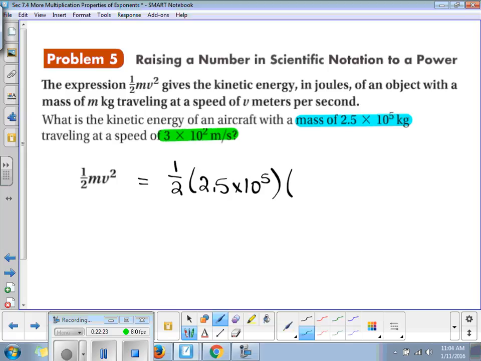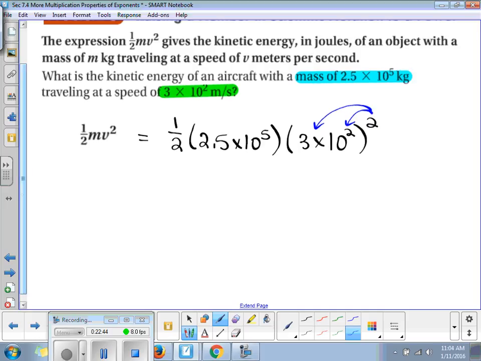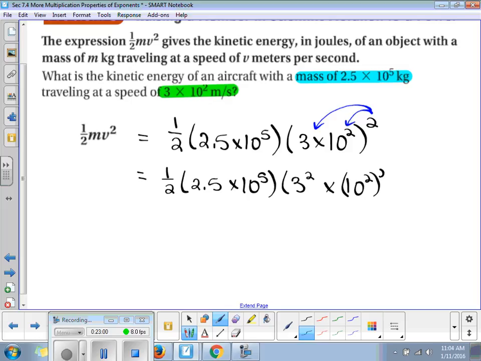So times 3 times 10 squared, and that whole scientific number is squared. Over here, we're going to take that exponent over there, and we're going to apply it to everything inside the parentheses. So we've got 1/2 times 2.5 times 10 to the 5th times 3 squared times 10 squared squared.